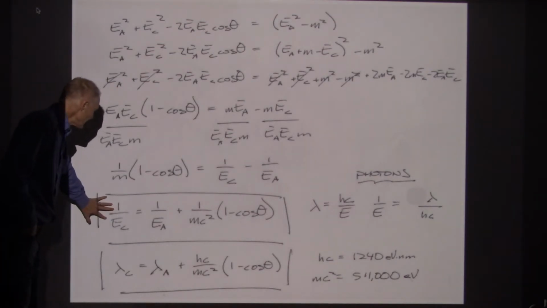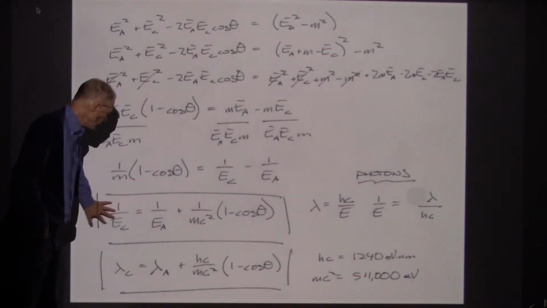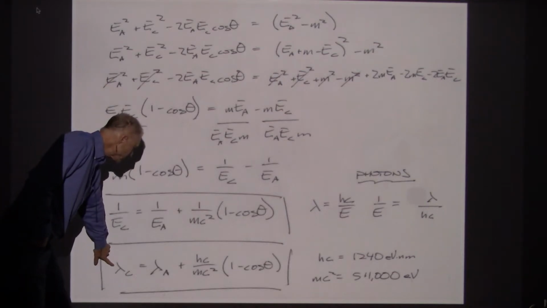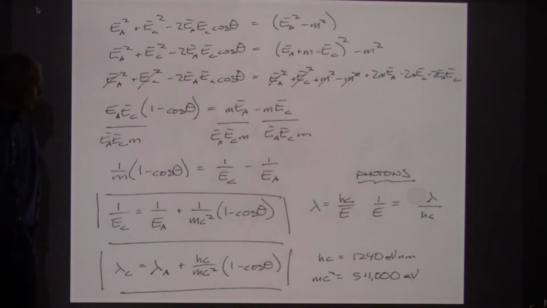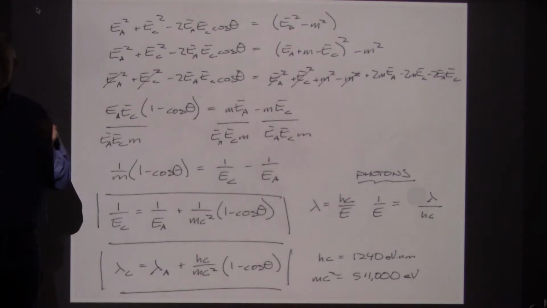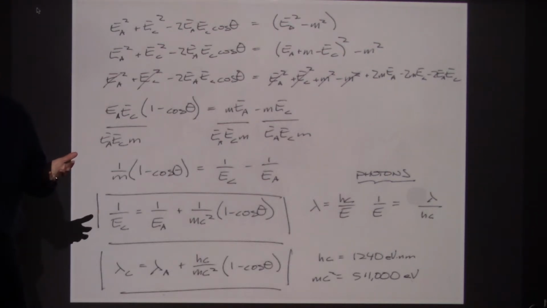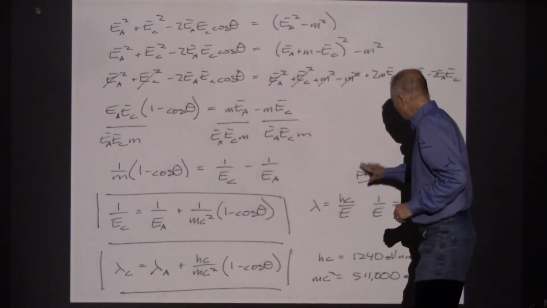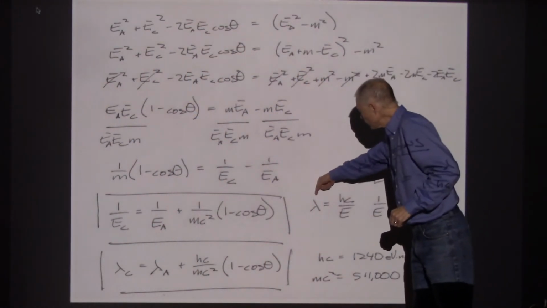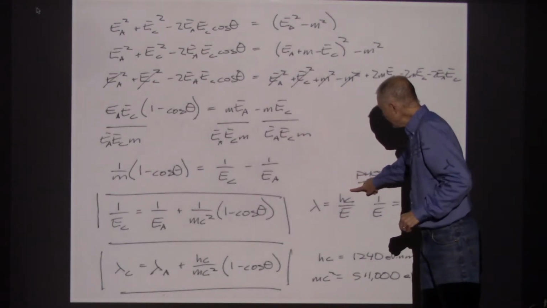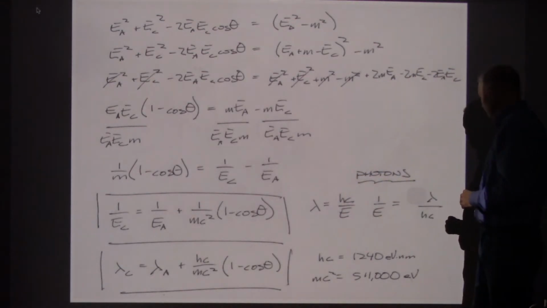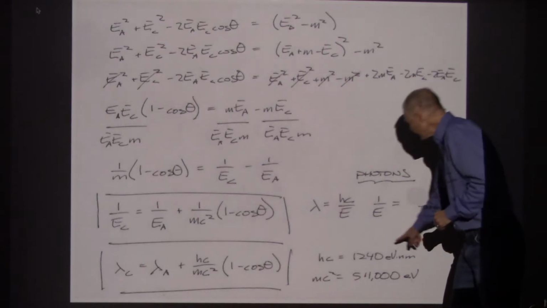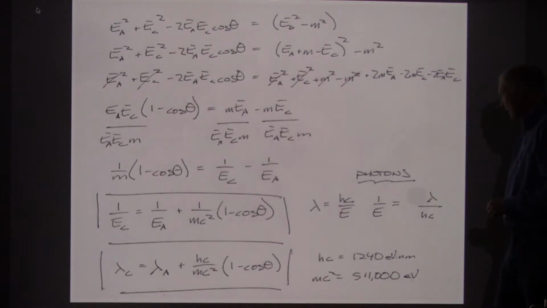This is the formula in terms of energy of the photons. This is the formula in terms of wavelengths. So depending on the problem, we can answer either set of questions. Now, what we can remember here is that for photons, the wavelength of a photon is given by hc over E, and that hc is 1240 eV nanometers.